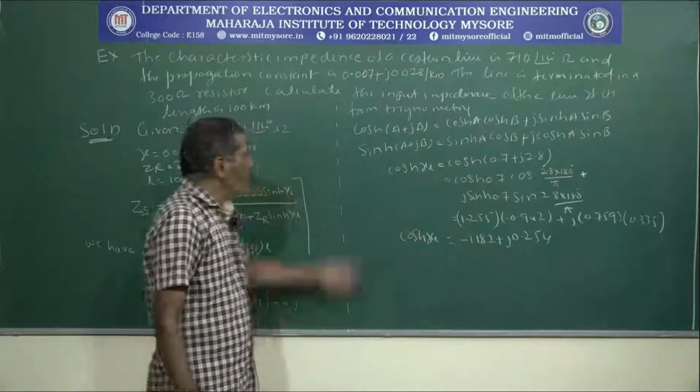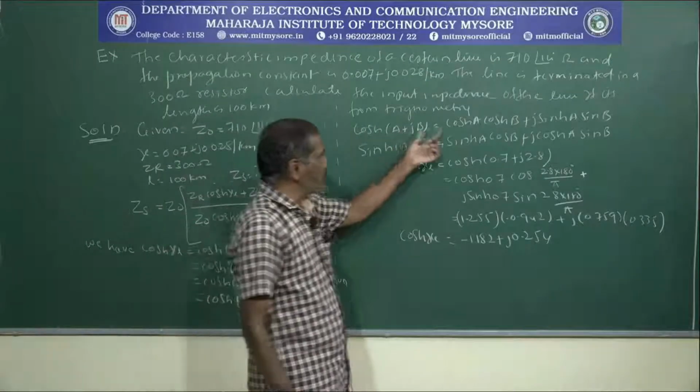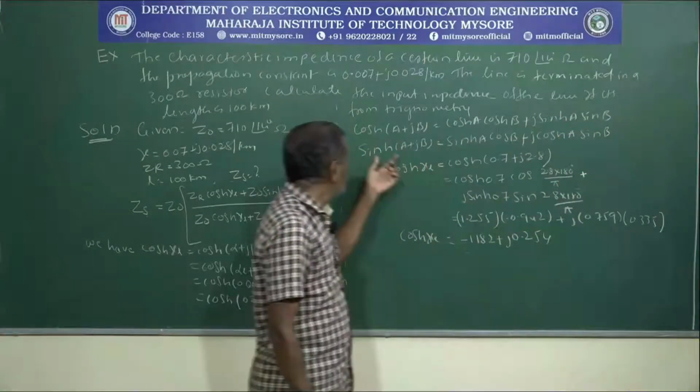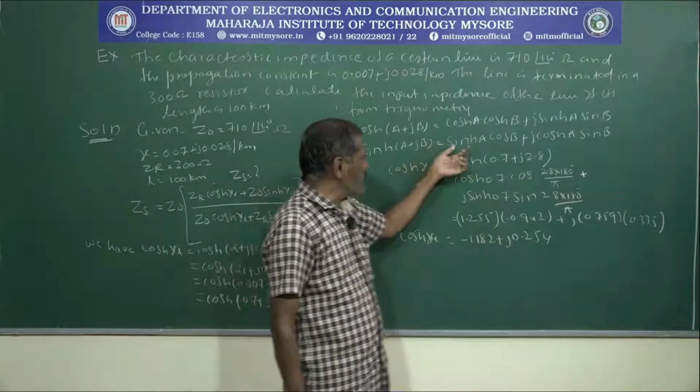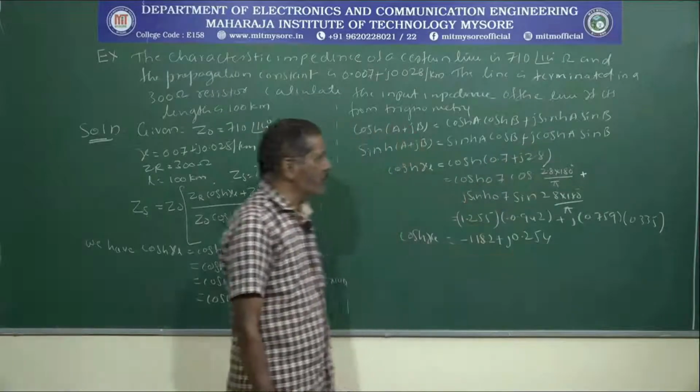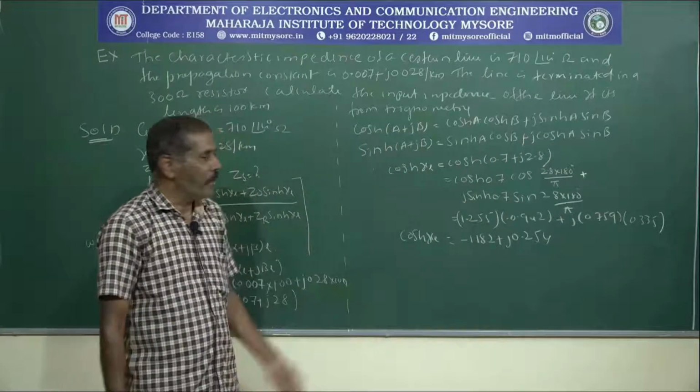From the geometry, we know that cosh of a plus j b is equal to cosh a into cos b plus j sinh a into sin b, and sinh of a plus j b is equal to sinh a into cos b plus j cosh a into sin b.